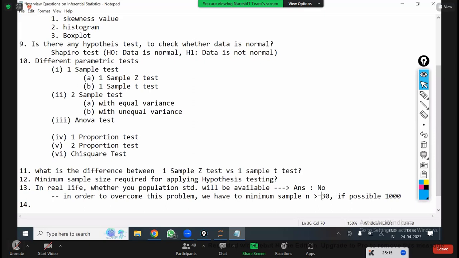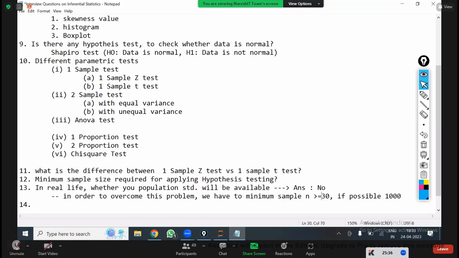Next question. What is meant by level of significance? Level of significance means at what error rate we are going to reject the null hypothesis.